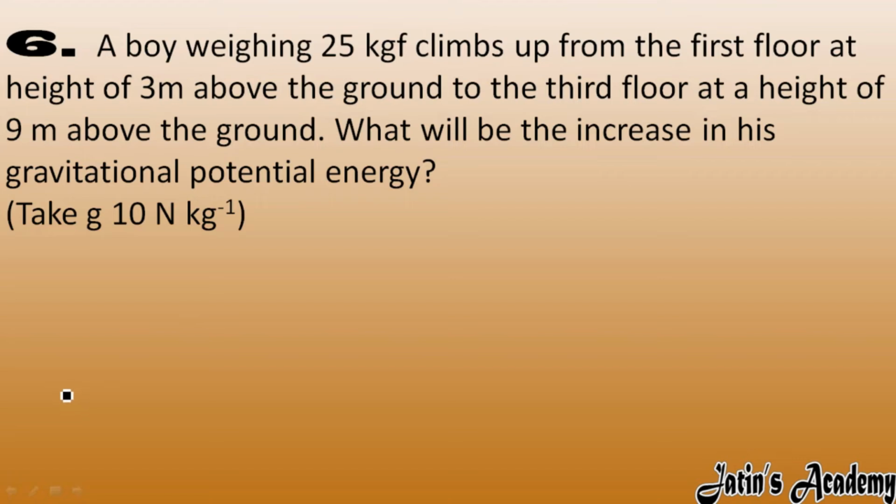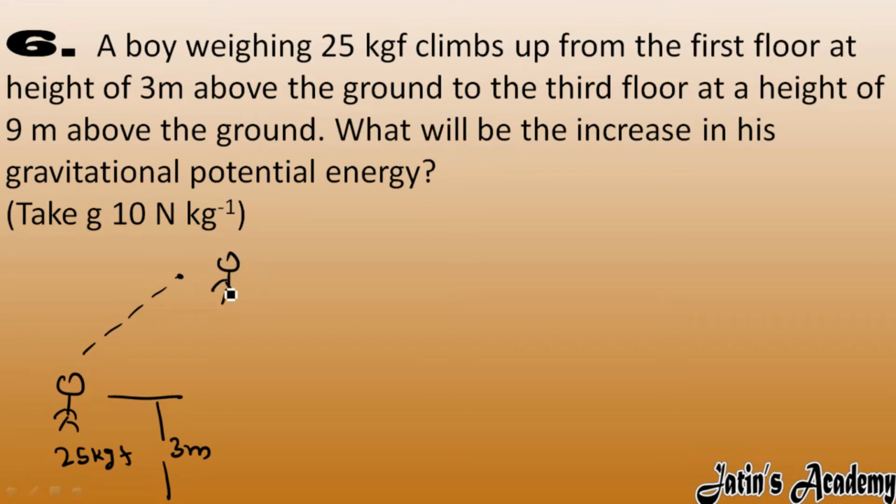Initially the boy, whose mass is given as 25 kgf, is on the first floor, which is at a height of 3 meters from the ground. Now the boy goes up to the third floor, which is 9 meter above the ground. We have to find the increase in potential energy.